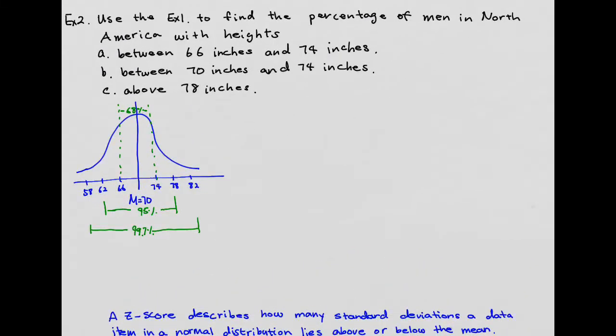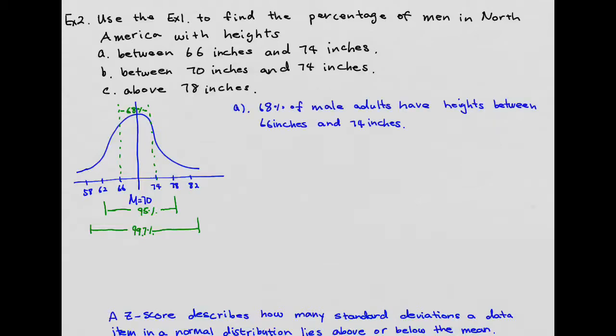Let's go back to example A. It said between 66 and 74. So 66 to 74 is just the range of the first standard deviations, so that's going to be 68%. So 68% of male adults have heights between 66 inches and 74 inches. If we're looking at B, it said between 70 and 74.